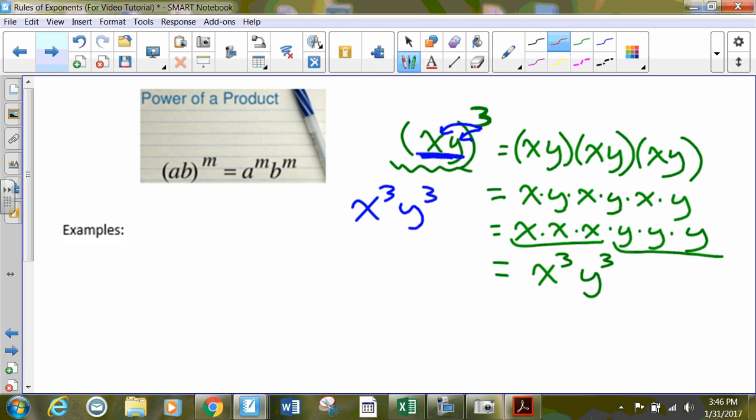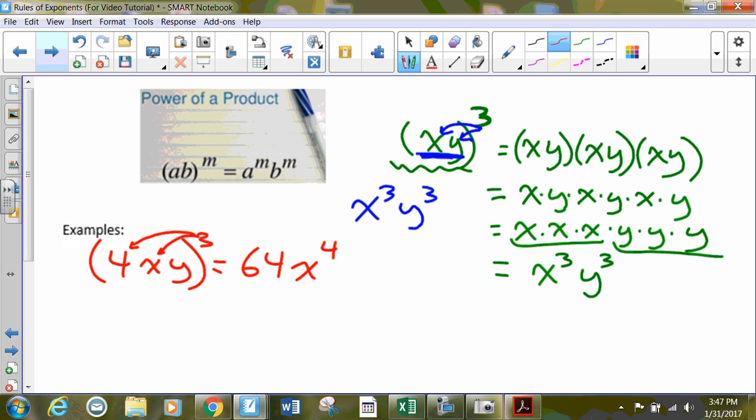What if we have 4xy cubed? Well, this cube goes to everybody. It goes to the 4, so 4 cubed, that's 4 times 4 times 4, that's going to give me 64. It goes to the x, that gives me x to the third, because that is the third power. And it goes to the y, so that's y to the third.